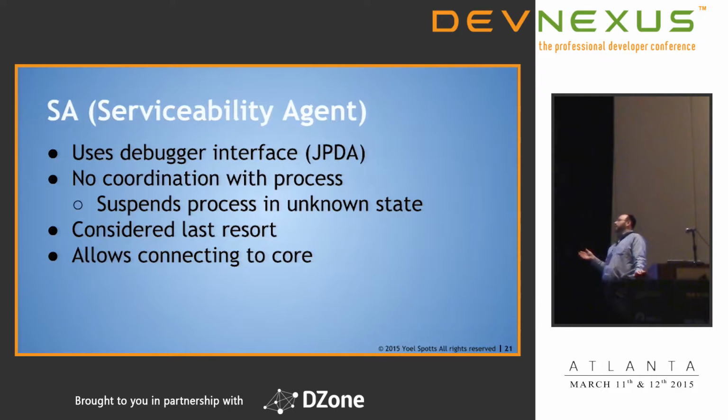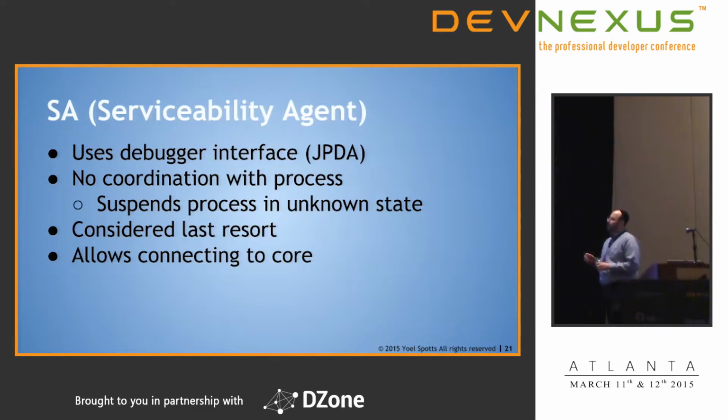Now I've never seen that happen, but again, it's an unknown state. Because of that, this is considered a last resort, and we only utilize the Serviceability Agent in circumstances, as we'll discuss, where the process might be hung and you want to get some monitoring and troubleshooting information from a hung process. Now, if it's already hung anyway, you're not going to be doing any damage by connecting to it in an unknown state. But usually, we try to avoid connecting in this manner.